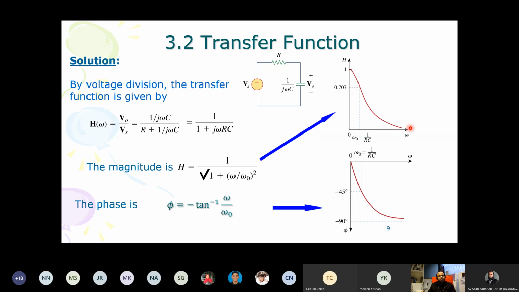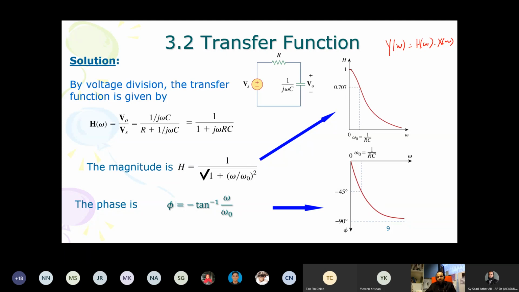All right. Can I say that if omega is 0 and the magnitude is 1, if we go back to the basic definition of transfer function, which is Y of omega equals H of omega times X of omega, right?